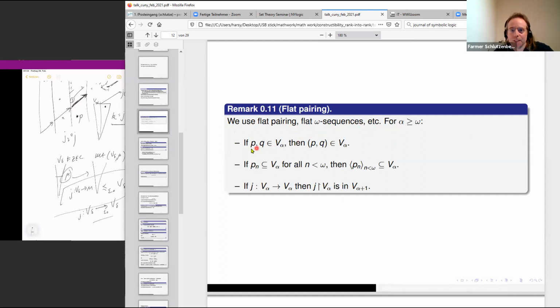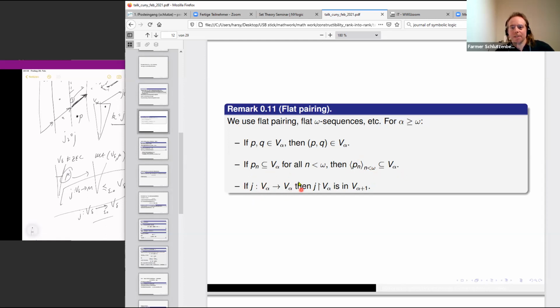So if P and Q are elements of V alpha, then the pair of P and Q is also an element of V alpha, when alpha is an infinite ordinal. So it's not the Kuratowski pair, but we use flat pairing, so we preserve this sort of rank. And similarly for omega sequences, if Pn is a subset of V alpha for all integers n, then the sequence of them is again a subset of V alpha. So you don't increase in rank there.